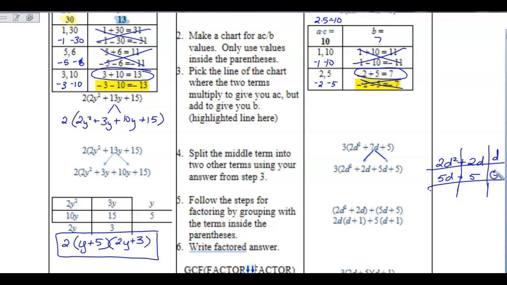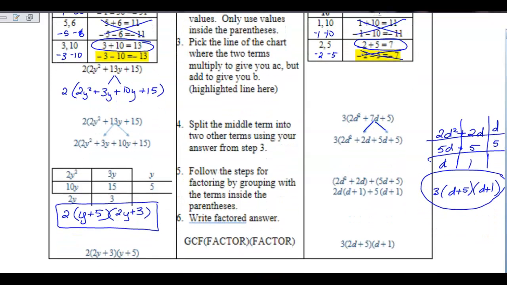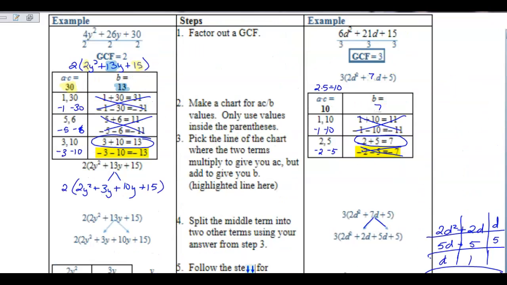Going across, I have 5. Going down, I have d. And going down, the only common factor I have is 1. So that means it's going to be 3 times d plus 5 times d plus 1. So this is my answer, or my factorization of this trinomial.